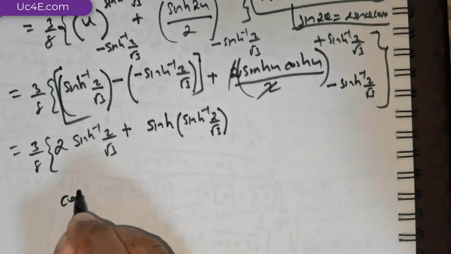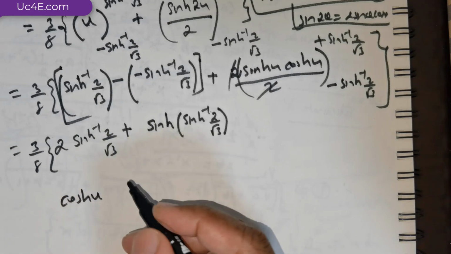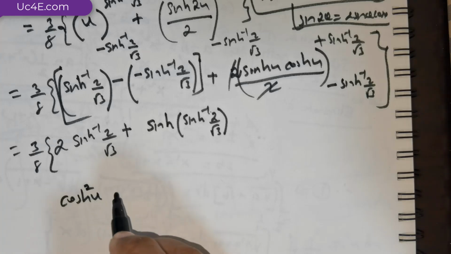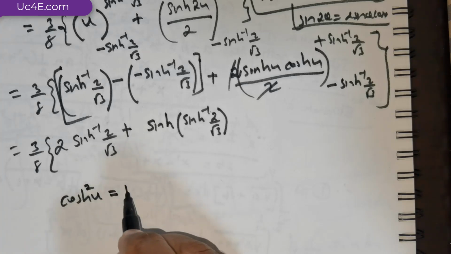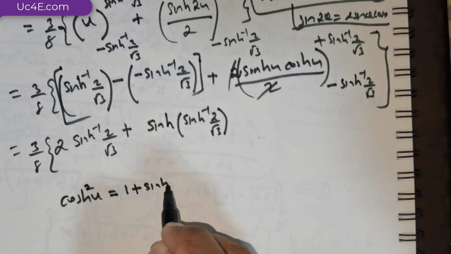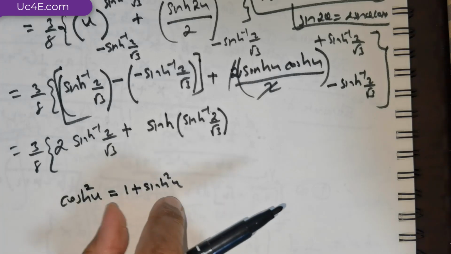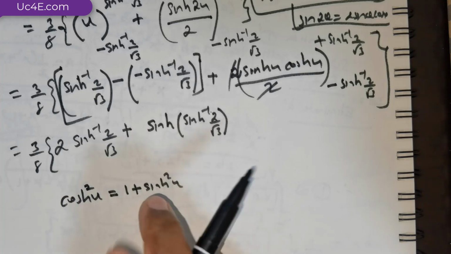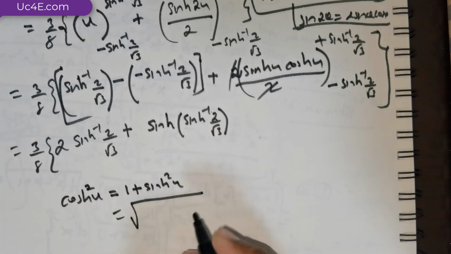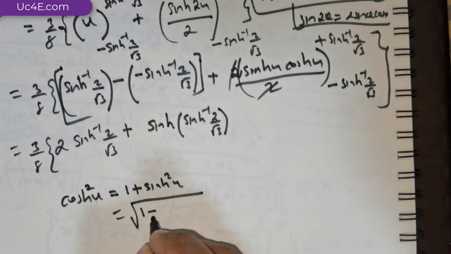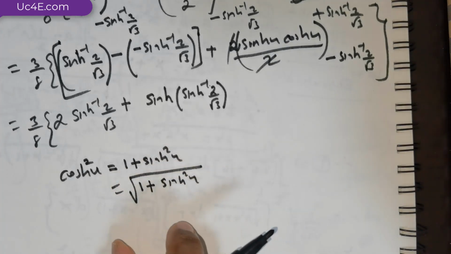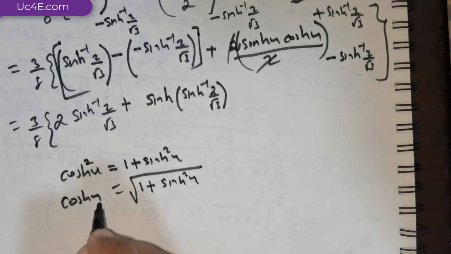Now let me show you this. I started by giving you this formula. What is the formula? Cos squared u is equal to 1 minus sin squared u. If you were to throw this square on the other side, it will become a square root. So this is going to be the square root of 1 minus sin squared u. So this is my cos u.